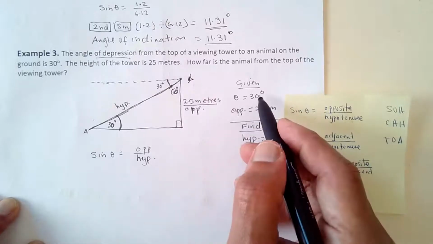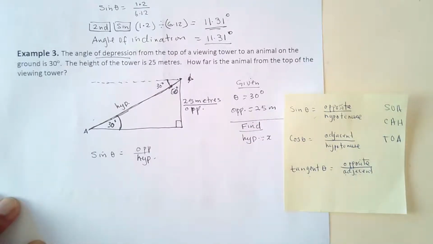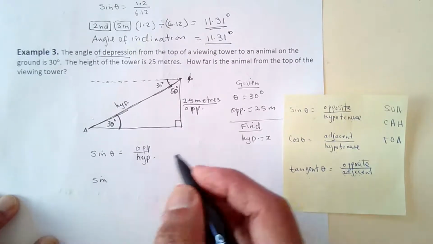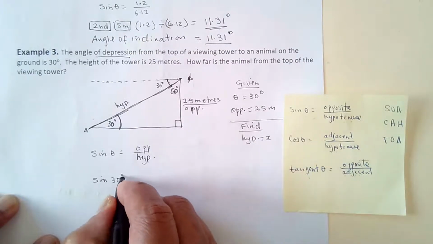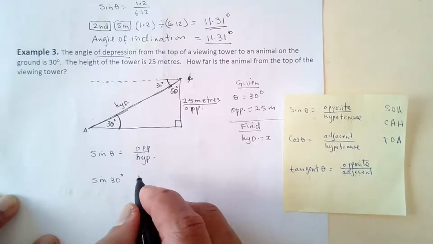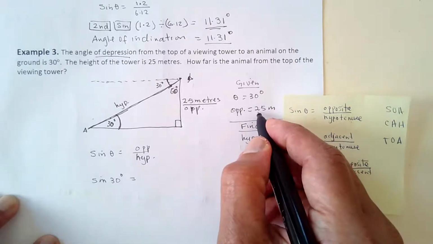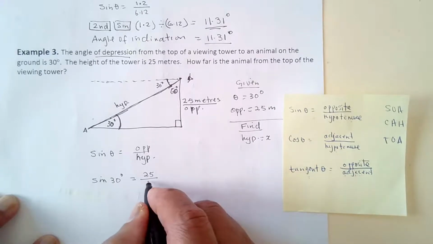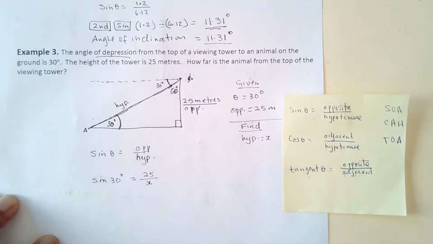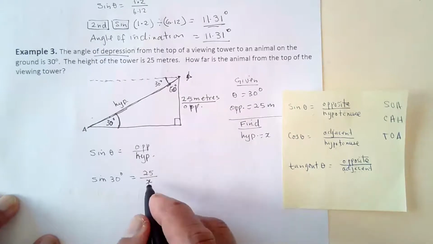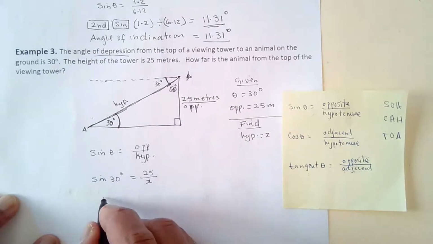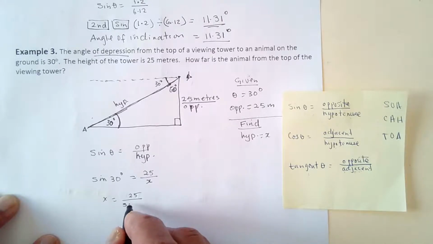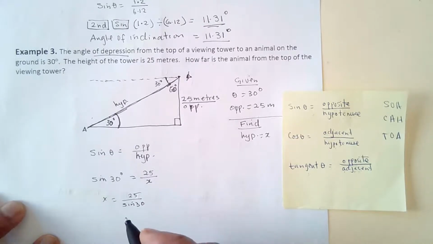So then we substitute the given values into our trig ratio. So we have sine 30 degrees is equal to the opposite, which is 25, over the hypotenuse we define as x. So x will be equal to 25 over sine 30.